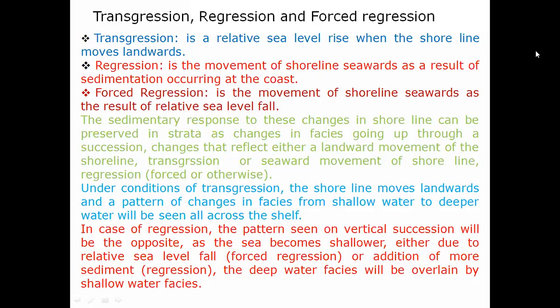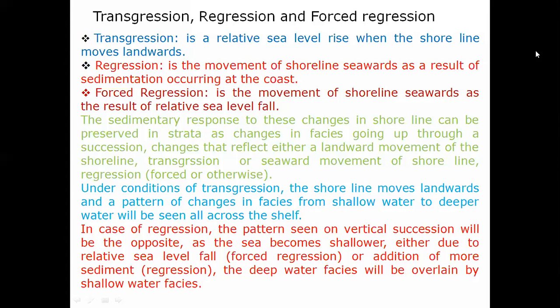In case of regression, the pattern seen in vertical succession will be the opposite, as the sea becomes shallower, either due to relative sea level fall or forced regression or addition of more sediment. The deep water facies will be overlain by shallow water facies. That means finer grains will be overlain by coarser grains.